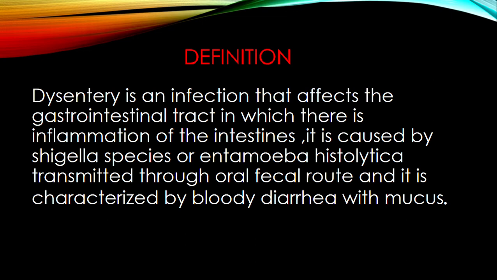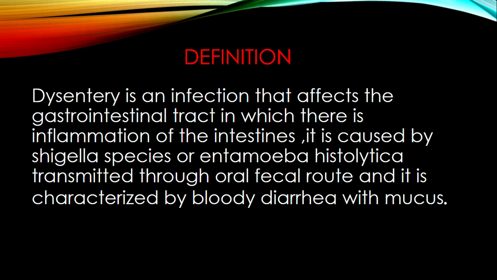So it is an infection that affects, in the first place, the gastrointestinal tract, the intestines in particular. It is transmitted through the oral fecal route. Then we have the species of Shigella that cause it. We have the 4 different species of Shigella that cause dysentery.